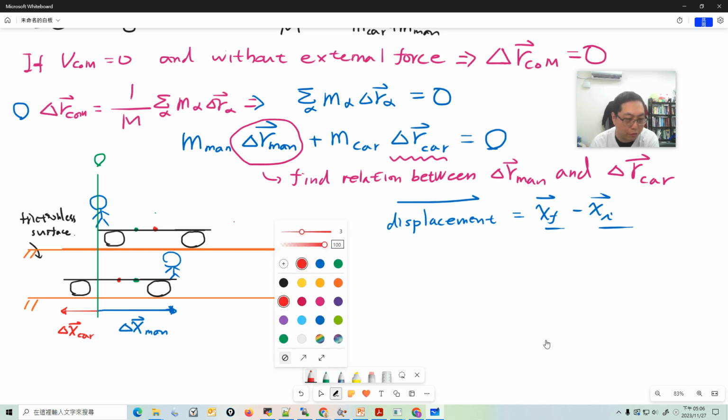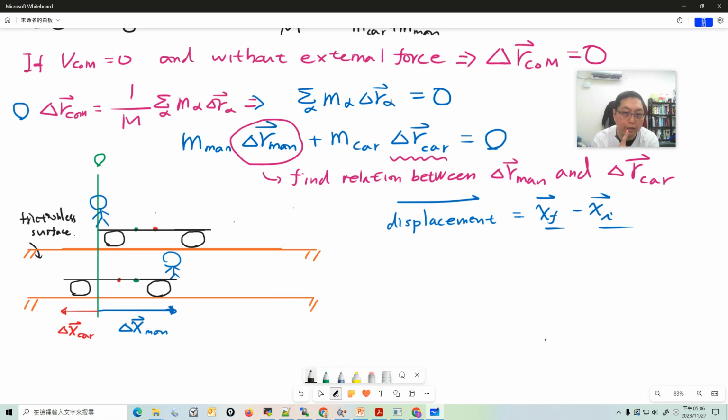Do you remember vector addition? Tail to head. Suppose we start from the origin here, and I move to the left. This is called delta x car.